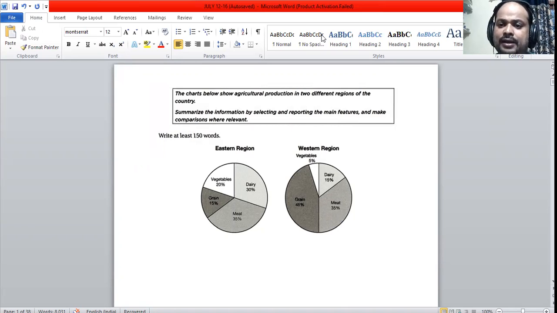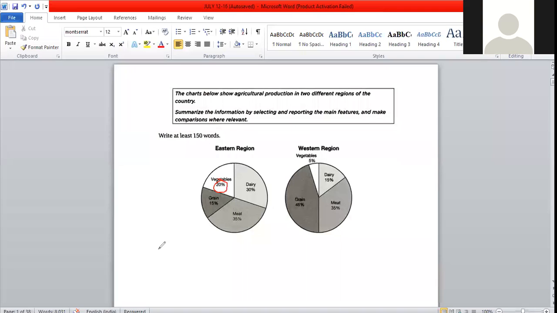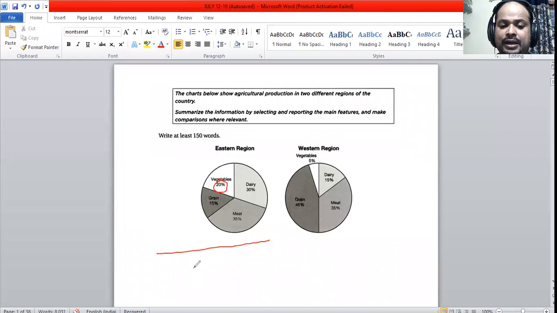So what exactly are these percentages? 20% is vegetables. Out of the total agricultural production, you can say there is 100% agricultural production.